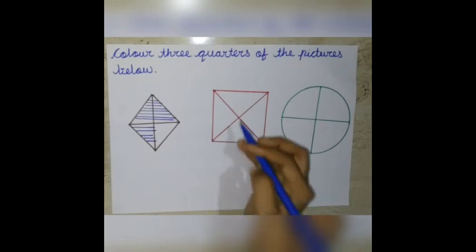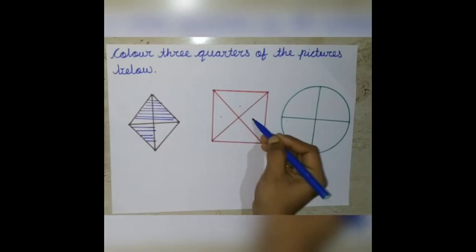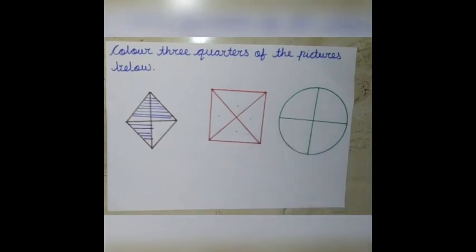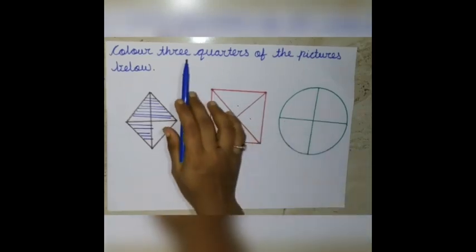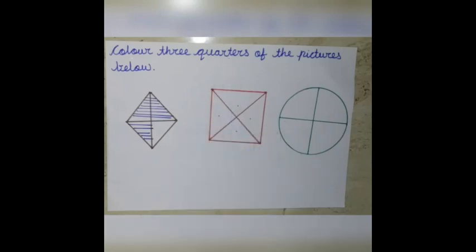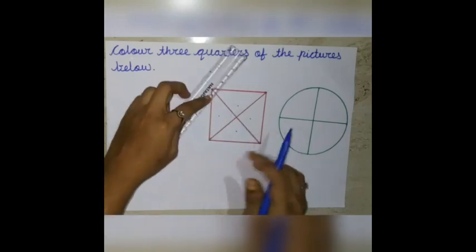This square is divided into 1, 2, 3 and 4 equal parts. We have to color 3 quarters. So we are going to color 3 equal parts.